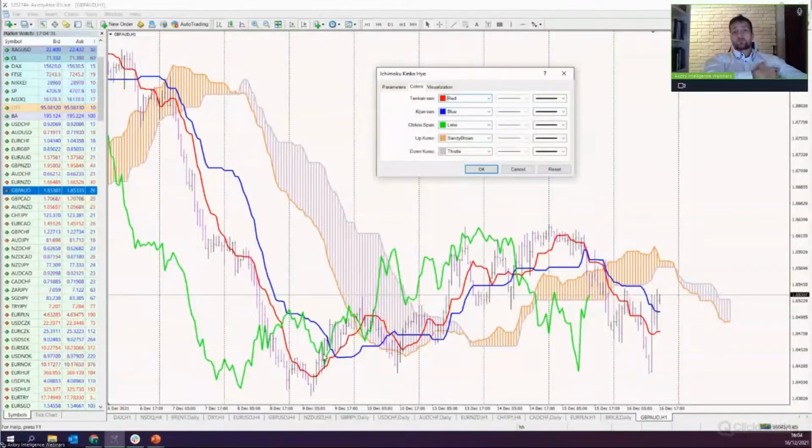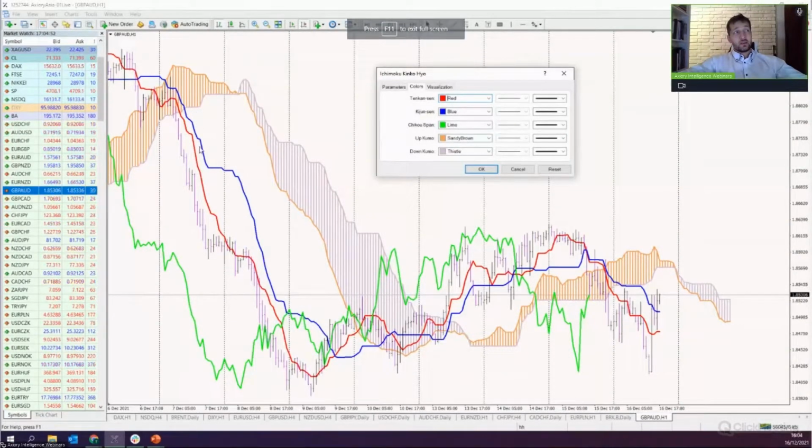It is calculated by adding the highest high and the lowest low over the past 9 periods, and then dividing the result by 2. So 9 periods divided by 2. This is important.